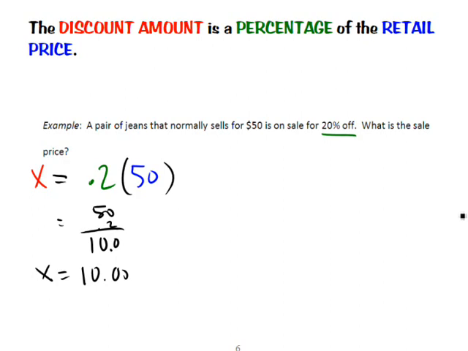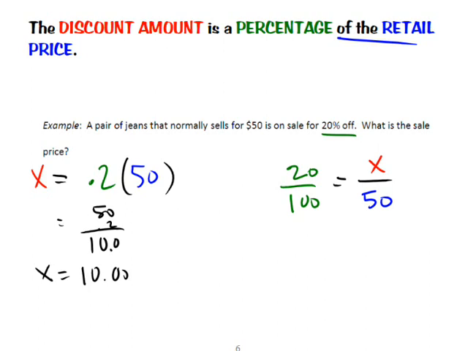Let me set this problem up again, using the proportion method this time. The discount amount is our X, our part. Our percentage is 20%. 20 over 100, the percent always goes over 100. And the retail price is the whole, because of the word of, so it goes on the bottom.